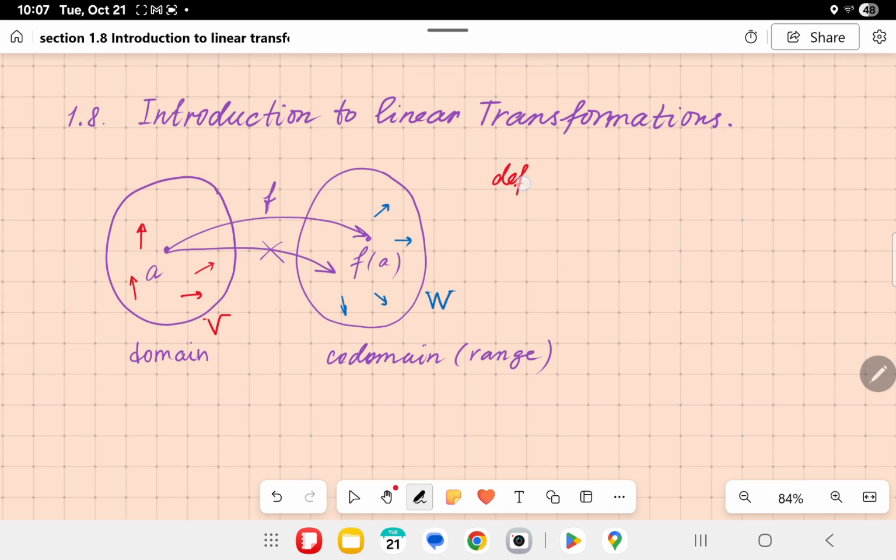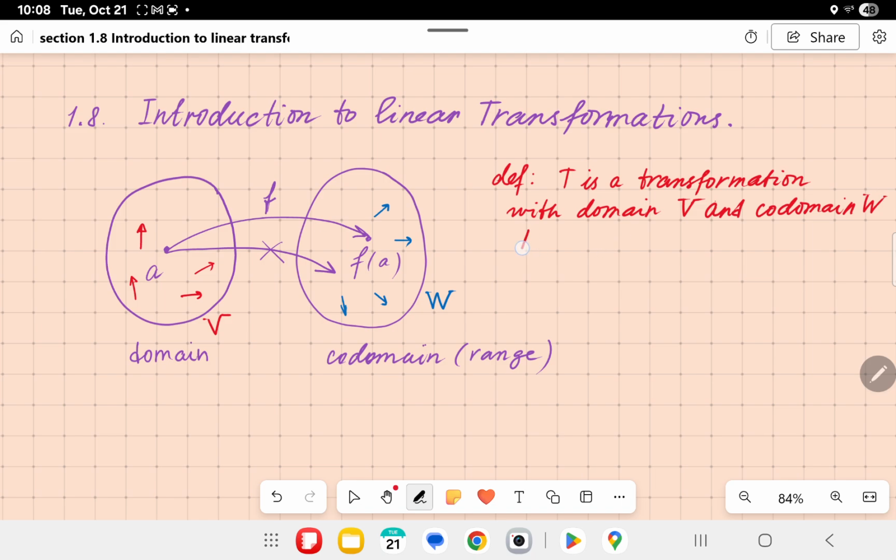Definition: T is a transformation with domain, and I'm going to just put V, and codomain W. And we are going to show it like this: T, the name of the function.